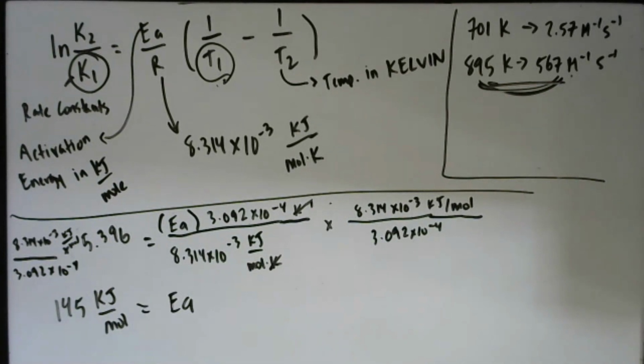Sometimes you're given the activation energy and you're asked to solve for another component of it. That's what we're going to do in the next question. Let me just put this up so you can see it real quick. We're going to actually use the same reaction because now we have the activation energy value.